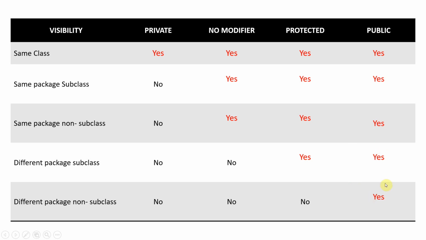It will be publicly accessible. Now if I define some class variable as private, it will only be accessed in the class it is defined. It cannot be accessed by its subclasses, even from the same package. It can only be accessed from the class in which it is defined.